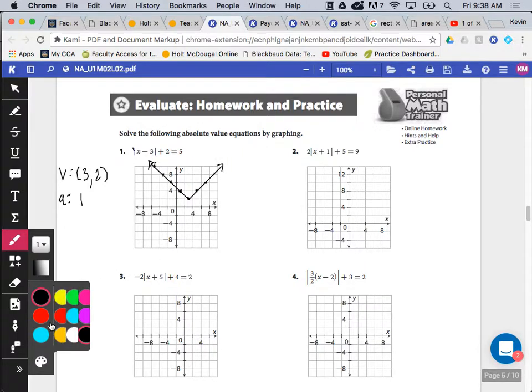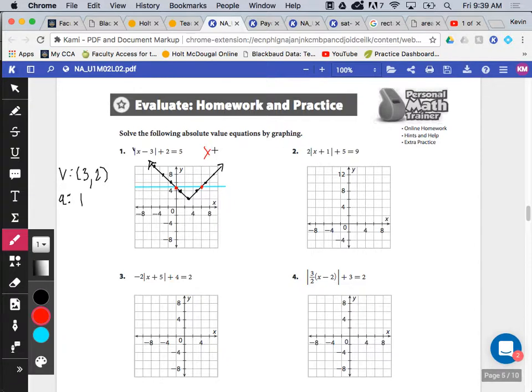All right, now what do I do? I plot the line y equals 5. And I find the points of intersection. Bam, and bam.